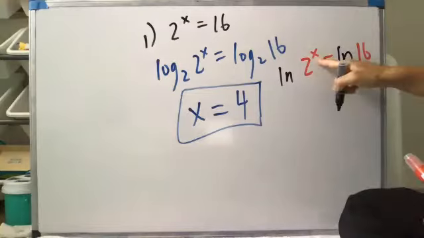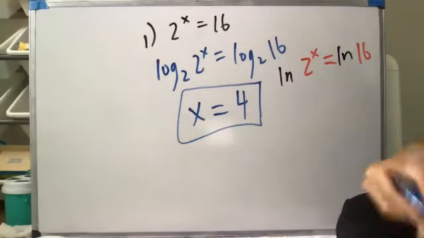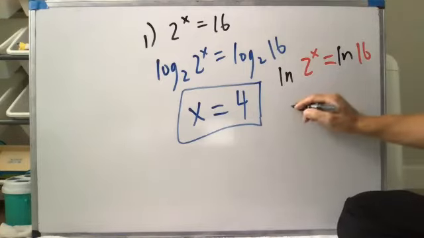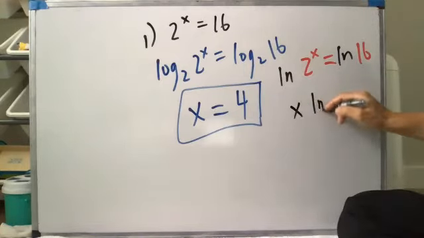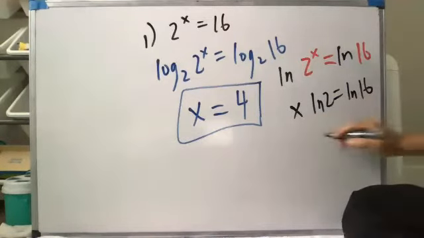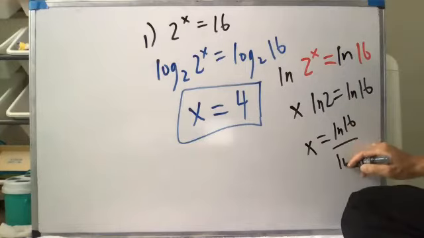Then I can use my rules of logs and just pull that x out to the front. So that would give me x ln of 2 is equal to ln of 16. And to solve for x, I just divide by ln of 2. So x is equal to ln of 16 over ln of 2.